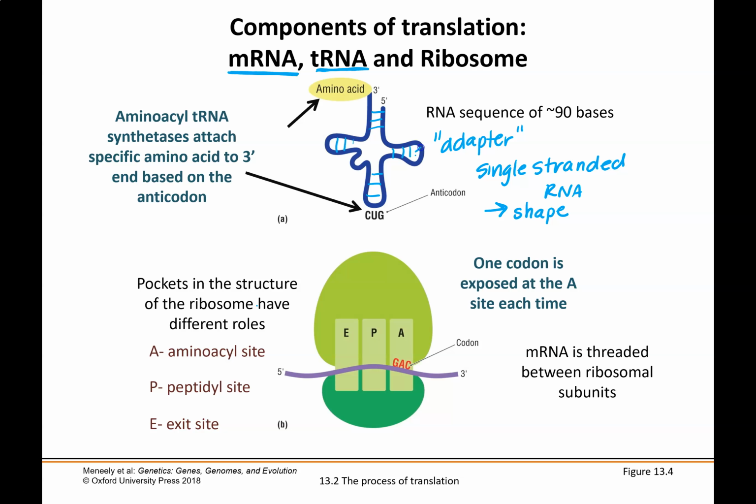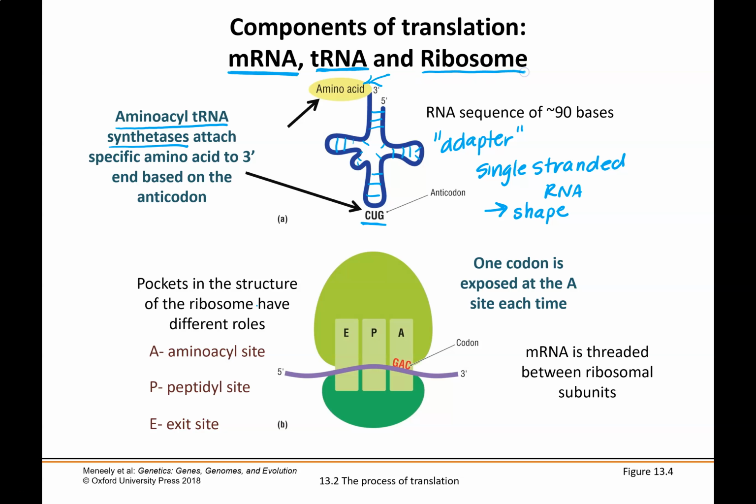So it essentially folds back along itself so that it produces this transfer RNA shape. Now, one end of the transfer RNA has an anticodon that is complementary to the messenger RNA. The other end holds an amino acid. There is a specific enzyme called aminoacyl tRNA synthetase that actually locates the proper transfer RNA and attaches an amino acid to it.